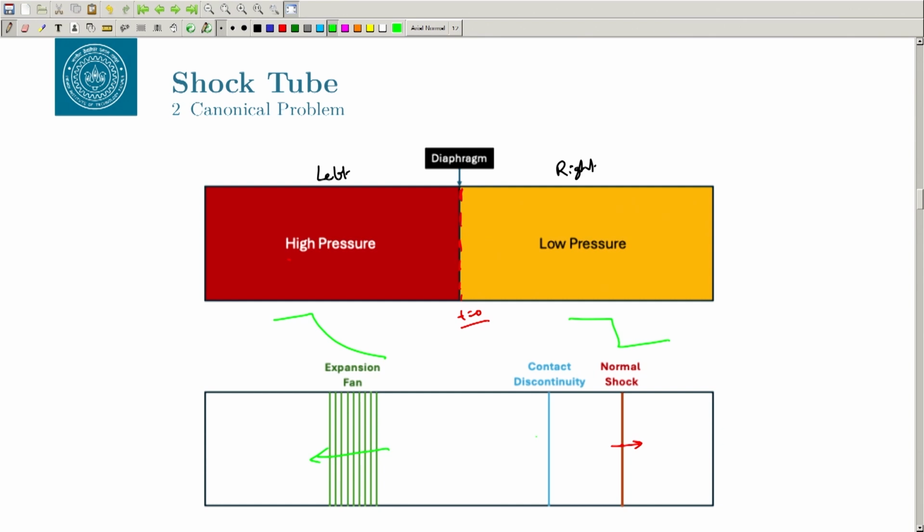But here from the numerical perspective, we have given a very high jump, and this kind of flow is also called the Riemann flow, the Riemann condition. If you want to represent it, the condition is like this: this is very high pressure and this is very low pressure, this is PL and this is PR, and this is my 0 line. Because of that the shock is forming.